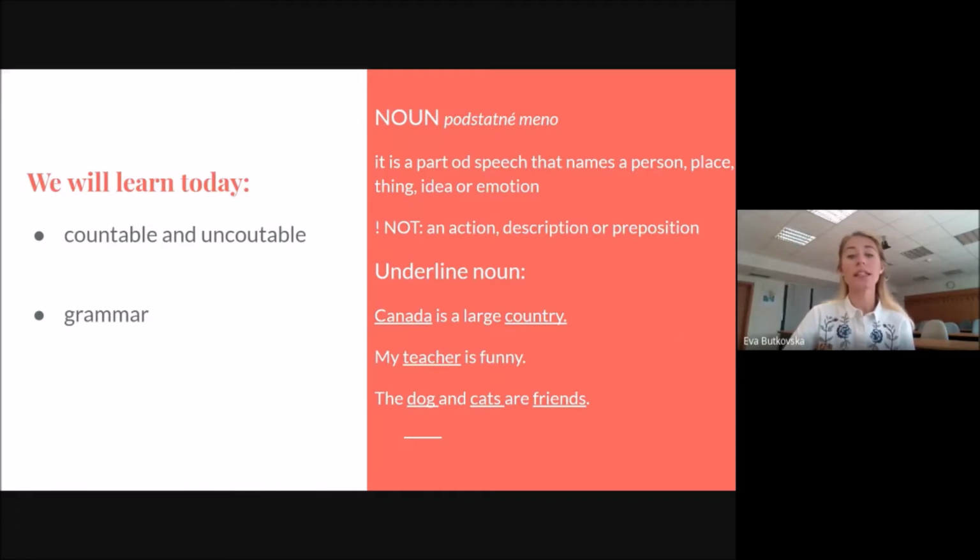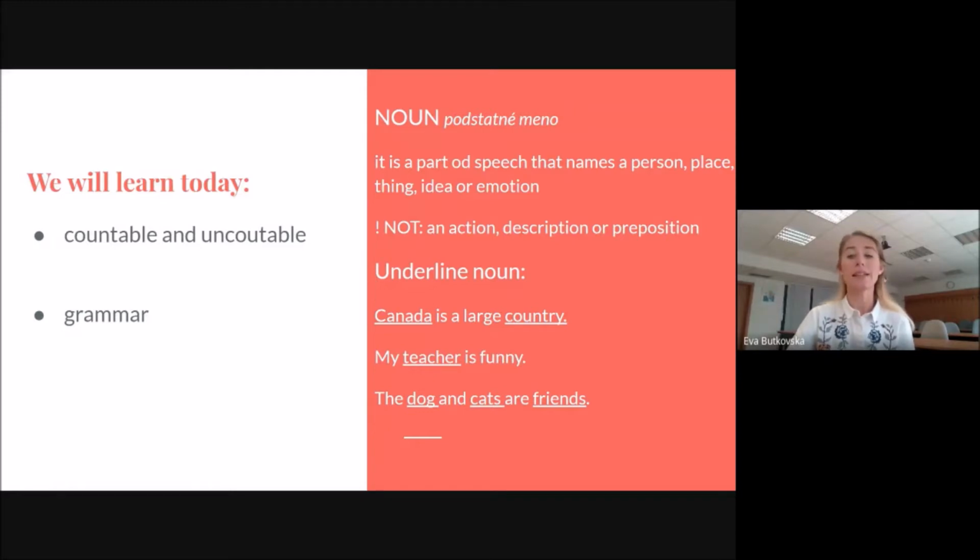So let's look at these three sentences and find or underline the nouns. So the first sentence is, Canada is a large country. We know that Canada, that's a noun, that's a place, and as well a country, that's a noun as well. Is a verb, and large, that's an adjective.